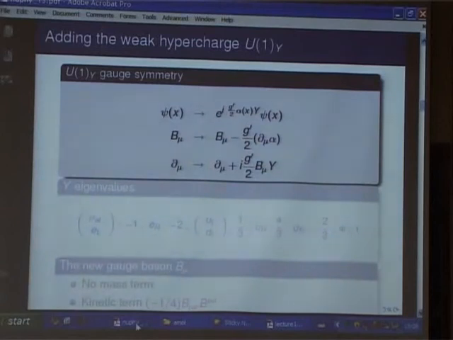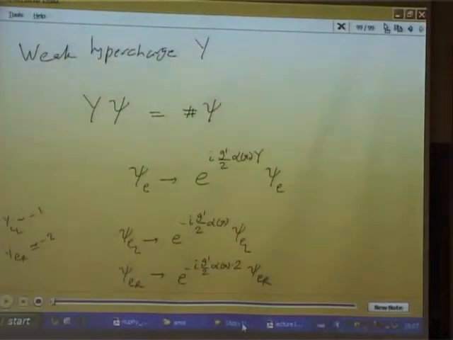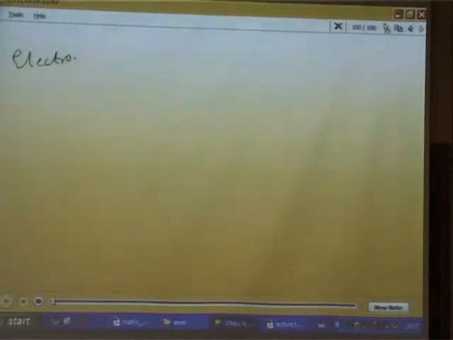Now, you have seen this before. Wherever I have Y, for example, just put Q, the electric charge, and exactly the same thing will follow for electromagnetism.